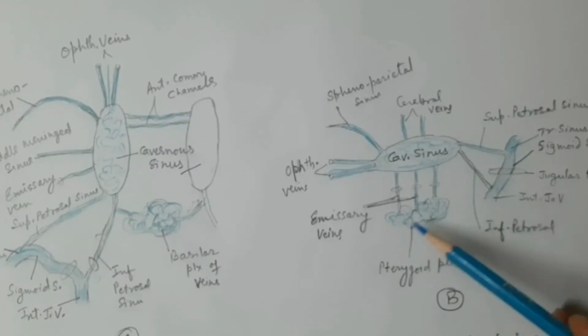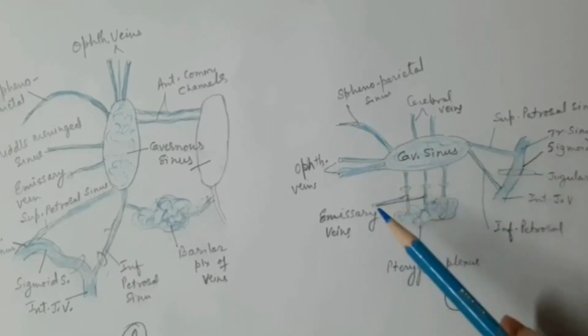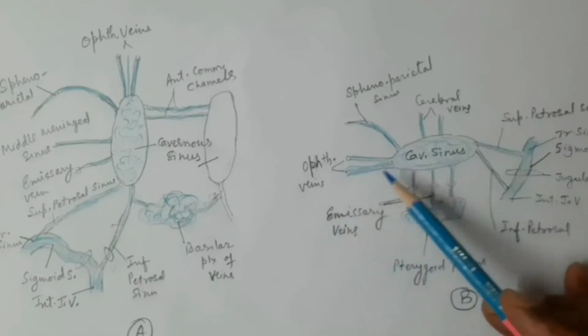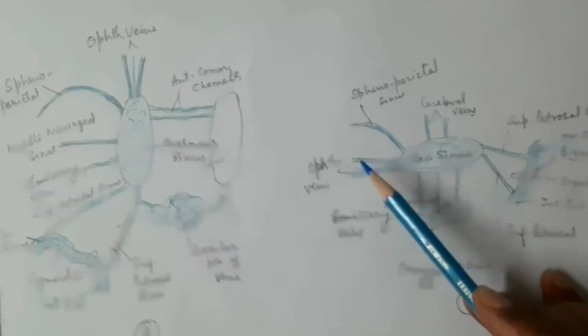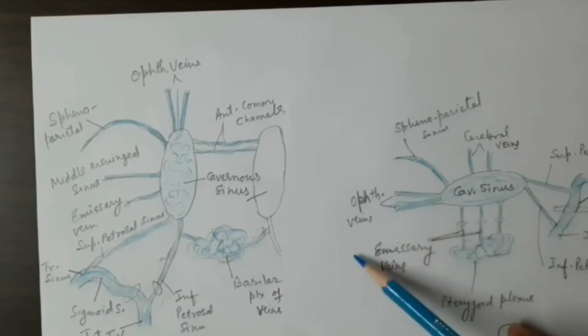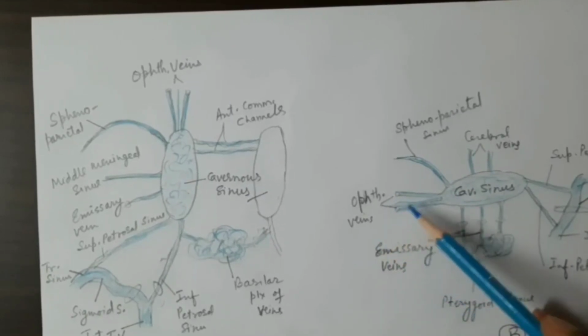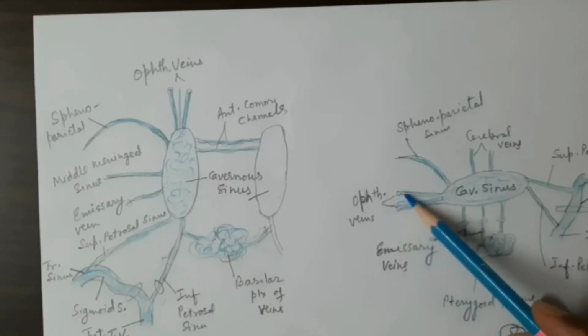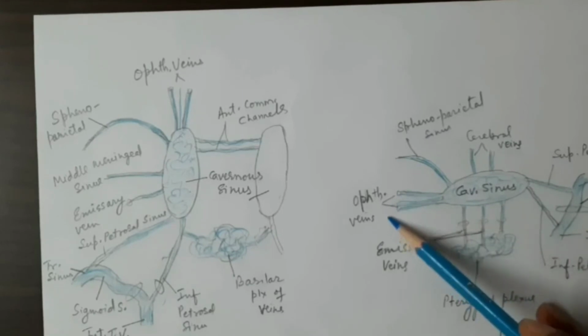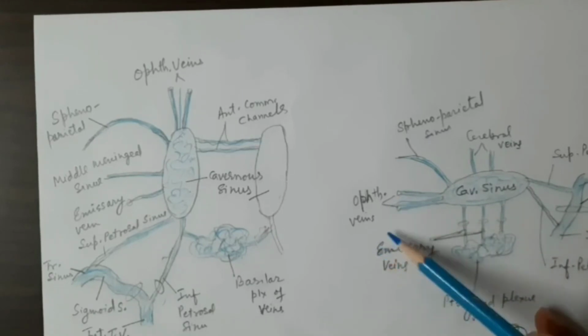Then there is a communication of the superior ophthalmic vein, which is here. This is the superior ophthalmic vein. It communicates with the facial vein on the face through the angular vein, and the supraorbital and supratrochlear veins, which ultimately form the superior ophthalmic vein. They communicate with the facial vein.